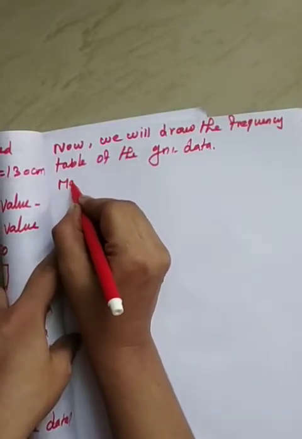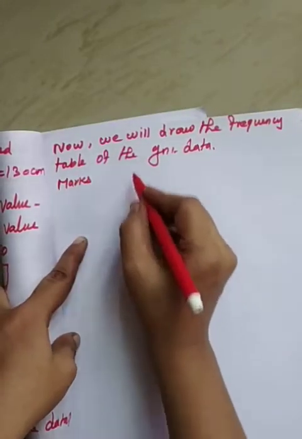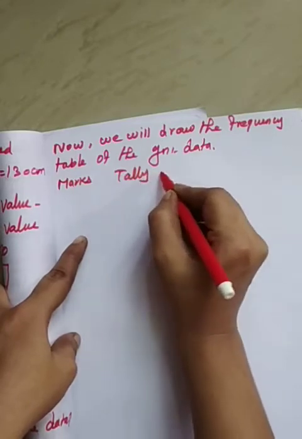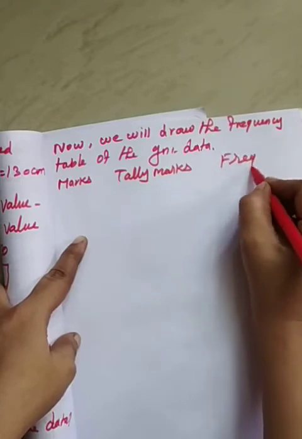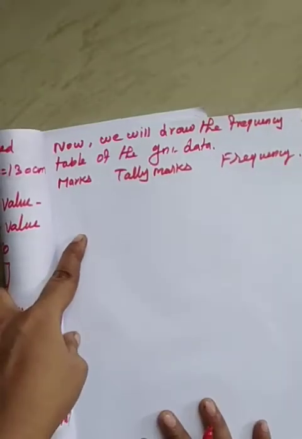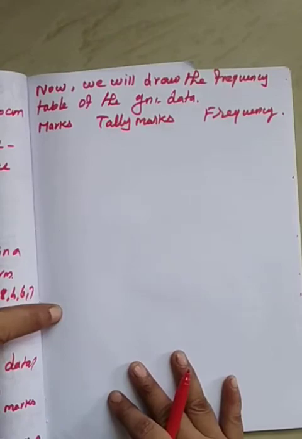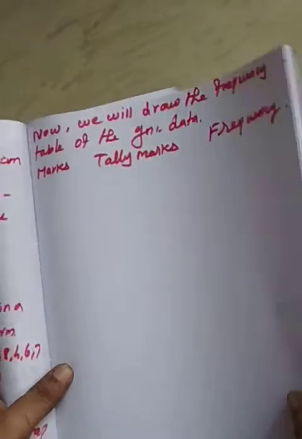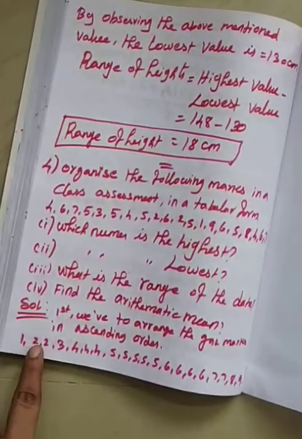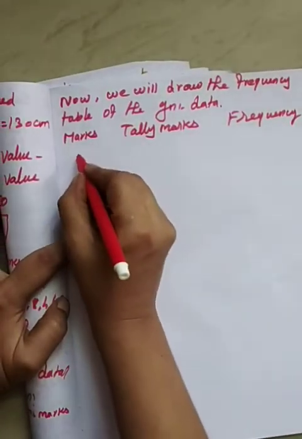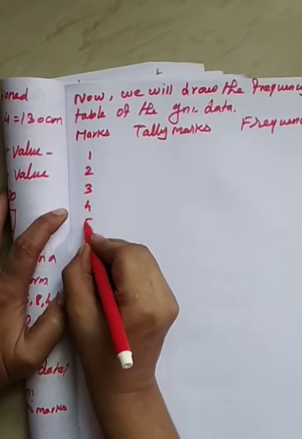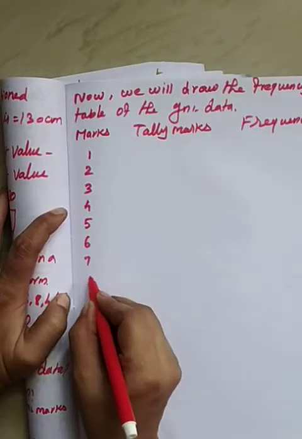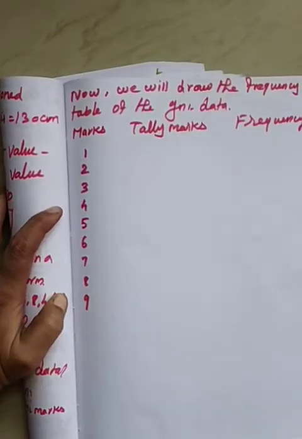See, first you have to write marks. Next tally marks. Next frequency. See here, totally how many marks? 1 2 3 4 up to 9, right? So first you have to write 1 2 3 4 5 6 7 8 9, and then tally marks.